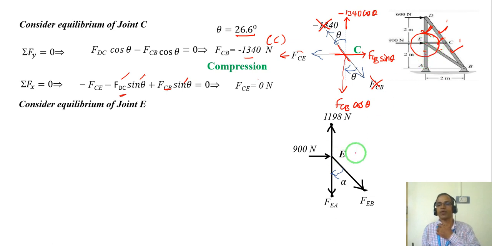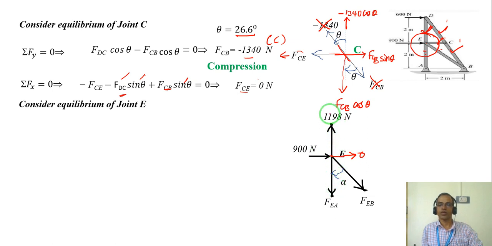So I have to cut around it. So this force I don't know, this force I don't know, but I know this force here, but anyway 0. FEC is anyway 0, so I don't have to put a member here. No meaning of mentioning the member.